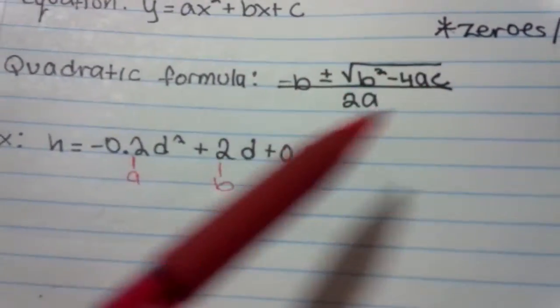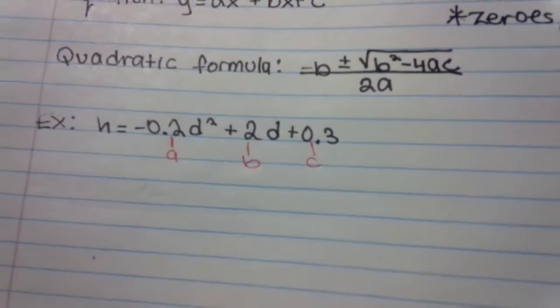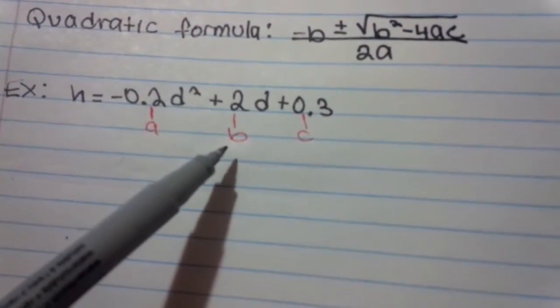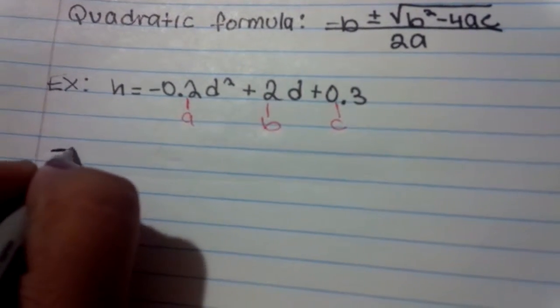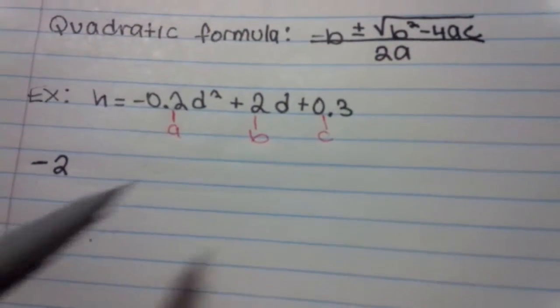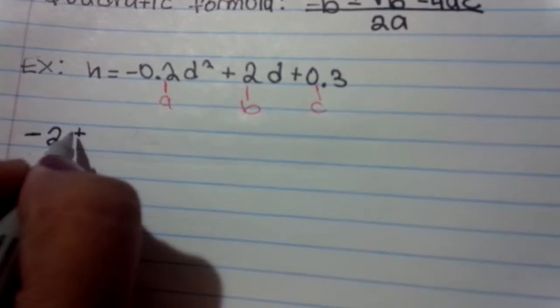So now let's substitute these numbers into the formula. We first know that we need negative b, so it's going to be negative 2, plus minus. I'll explain why it's like that after.